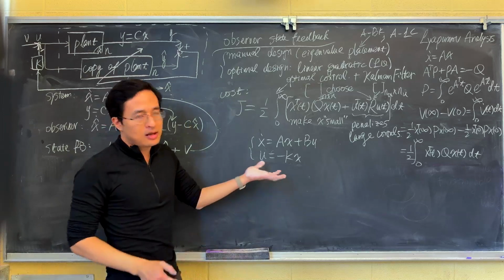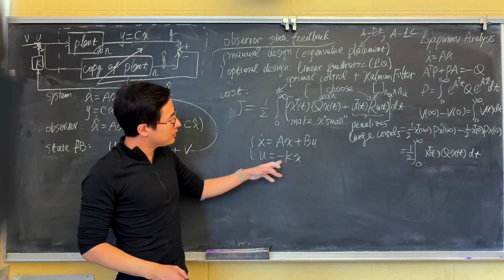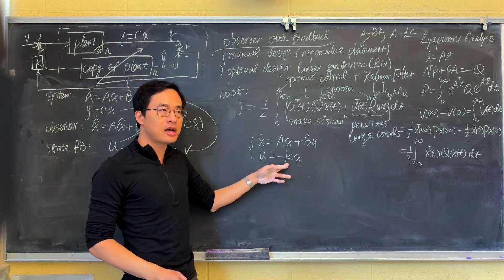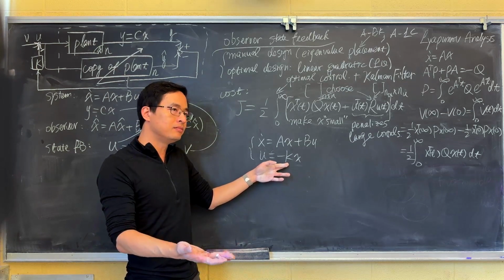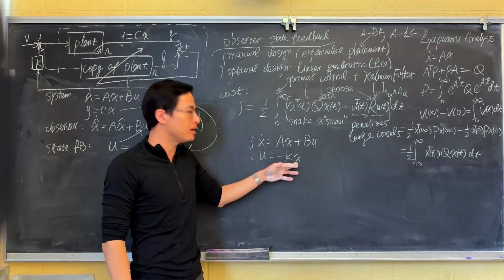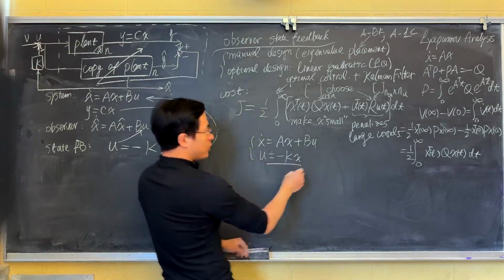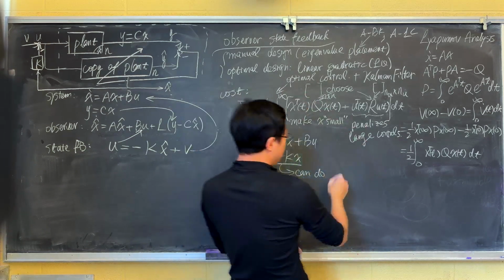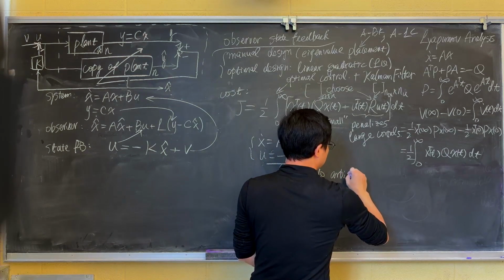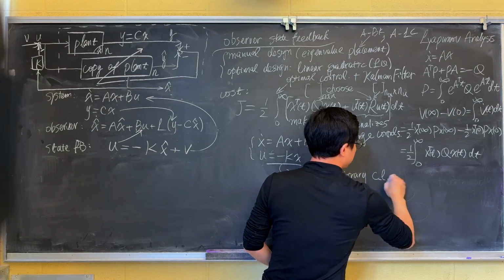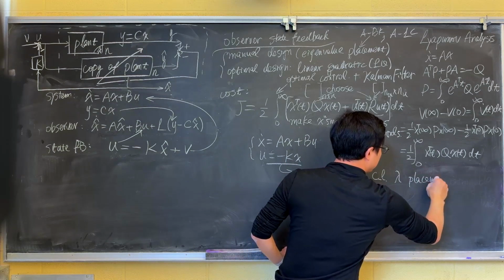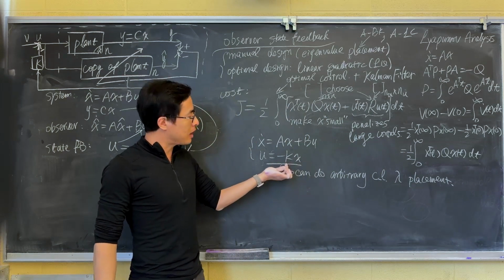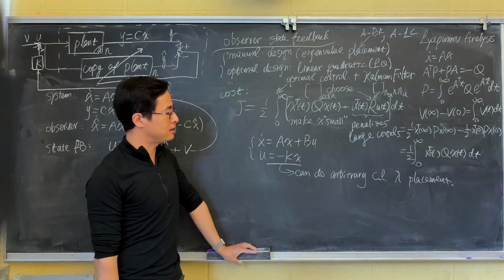But we know for sure, if the system is controllable, this kind of feedback control design will certainly be able, one of them will be able to do the job, because from our analysis, this kind of design can do arbitrary closed loop eigenvalue placement. So we know this for sure. We just don't know how to pick the one that will minimize this just yet.